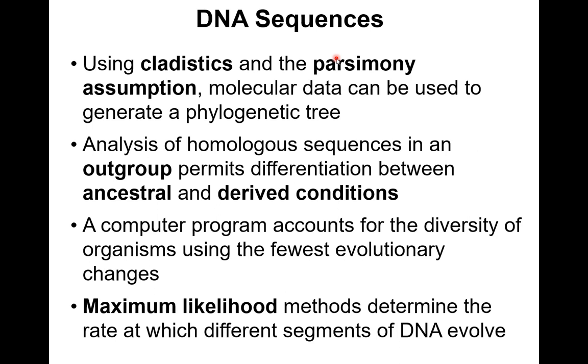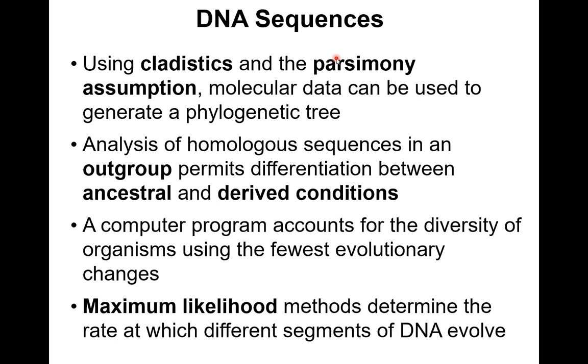Now, this data will be used with cladistics and still the parsimony assumption. So if there is one deletion, it would try to find an explanation and place all the species by assuming that that deletion happened only once through evolution, not multiple times, which is parsimony, right?